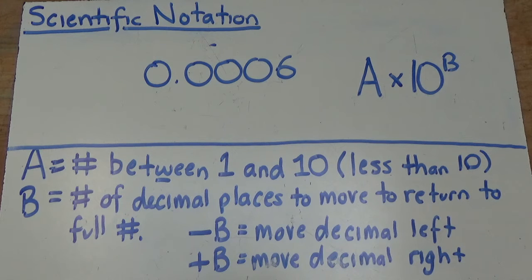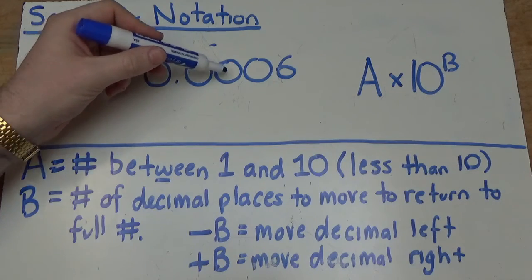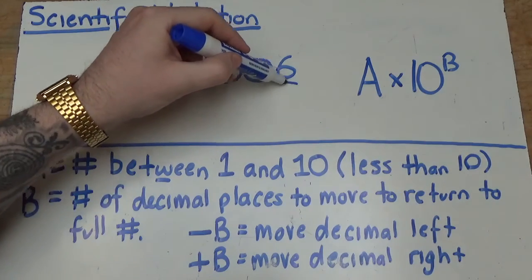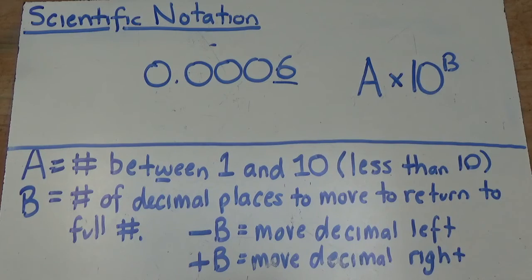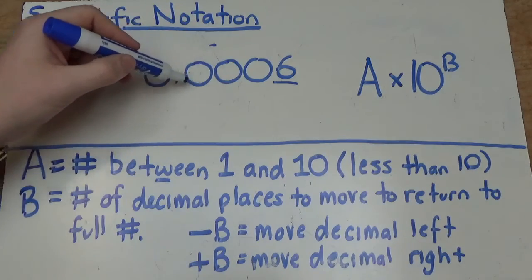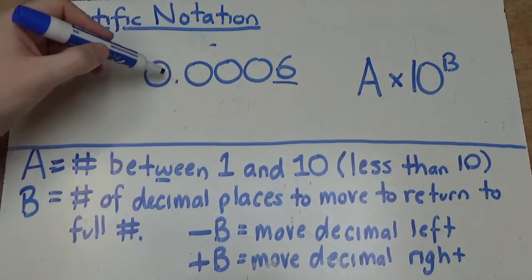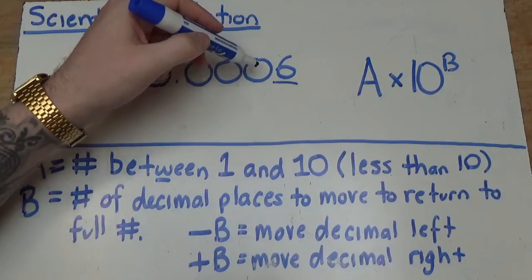0.0006. Please take a moment to write this in scientific notation, pause the video, and resume when you'd like to hear the answer. 0.0006 has one non-zero number, and it has only leading zeros, which are placeholders. These are never significant.